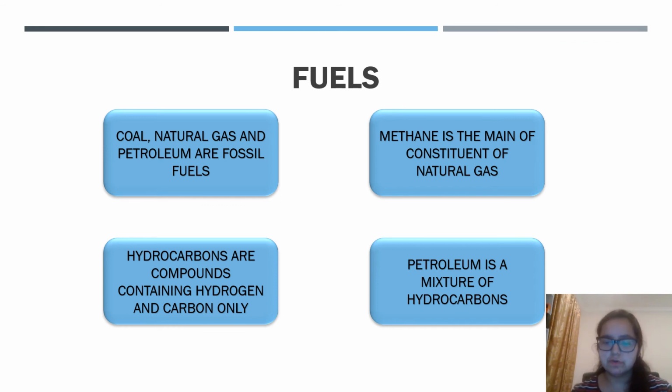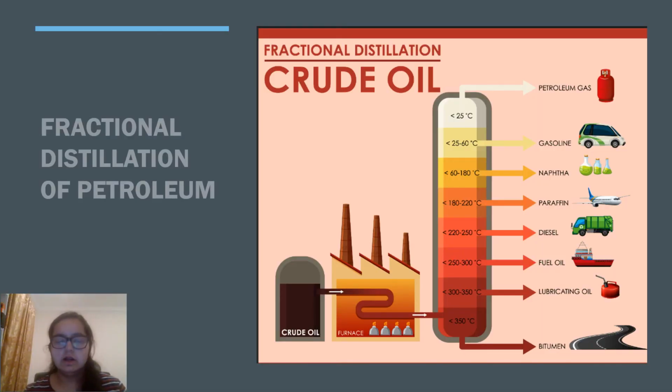Petroleum is a mixture of different hydrocarbons, and we need to separate it to get fractions which are more useful. So let's see the fractional distillation. This is the fractional distillation of crude oil, that is petroleum. In that we get bitumen, lubricating oil, fuel oil, diesel, paraffin, naphtha, gasoline, petroleum gas.